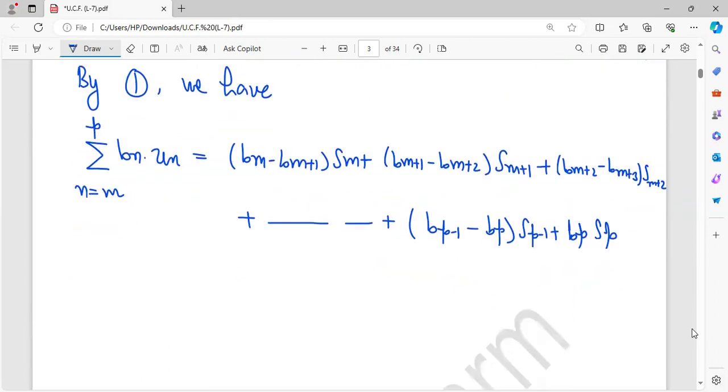Now you see that Sp is a summation, and the summation is bounded below by small k. So we can write small k in its place, because each S is bounded below by k, and the resultant thing will be less than.